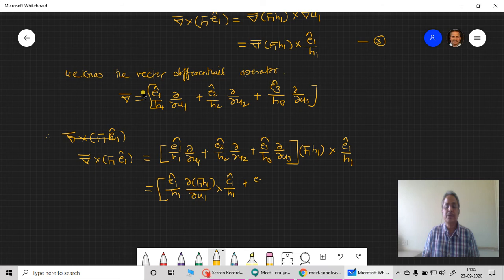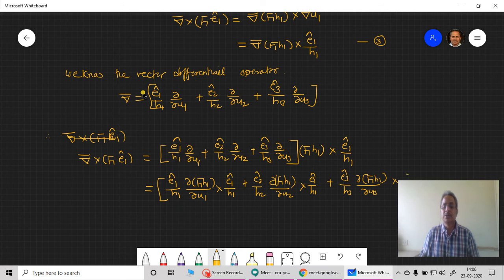Plus the second term is E2 cap upon H2 into del of F1 H1 upon del U2 cross E1 cap upon H1, the multiplication of this with all these three terms. And similarly the third is E3 cap upon H3 into del of F1 H1 divided by del U3 cross E1 cap upon H1.